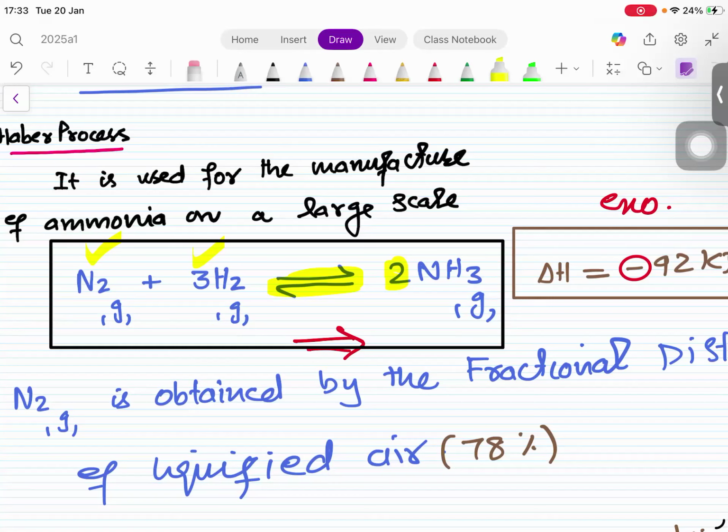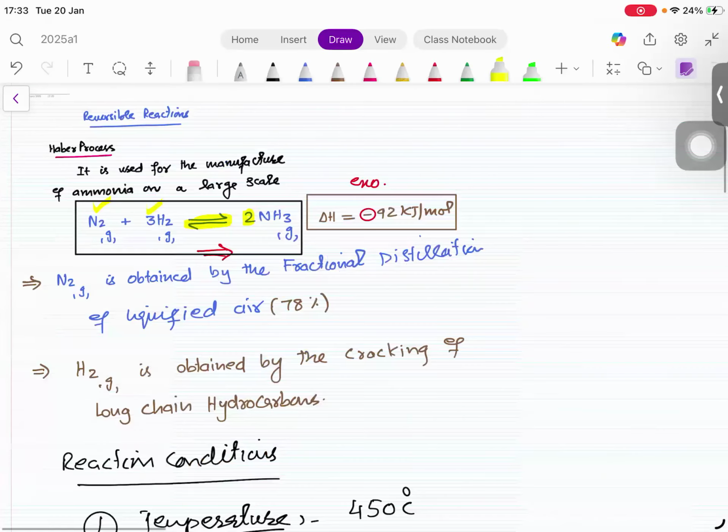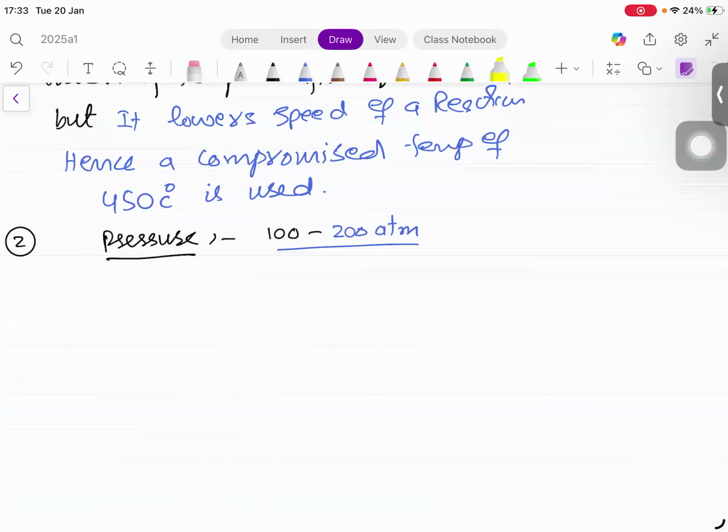So therefore, 100 to 200 atm, again, is a kind of pressure which is not expensive to achieve and gives better yield of ammonia. So please write down: high pressure gives better yield of ammonia.